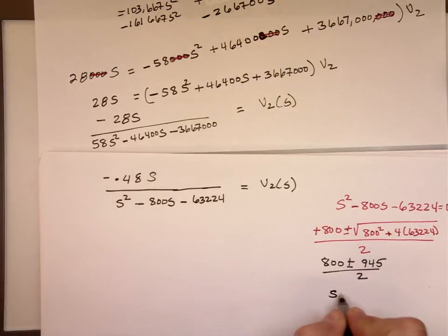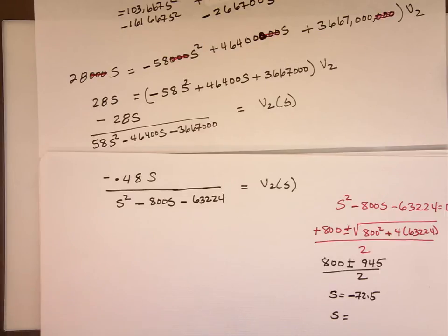The other answer is going to be 800 plus 945 divided by 2. 872.5, right?